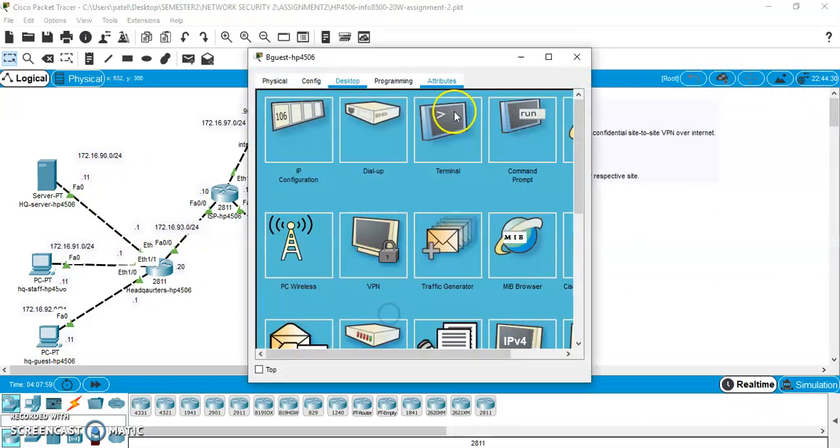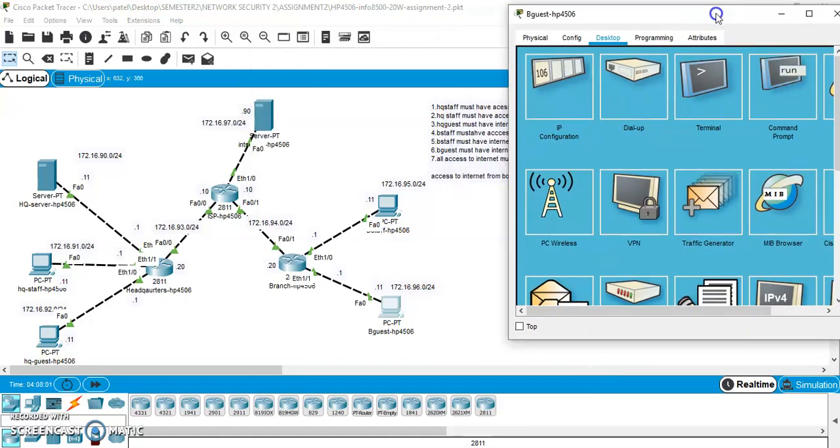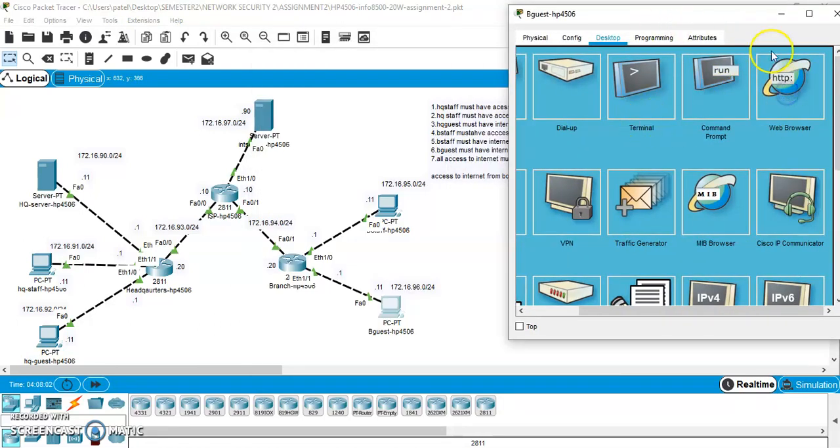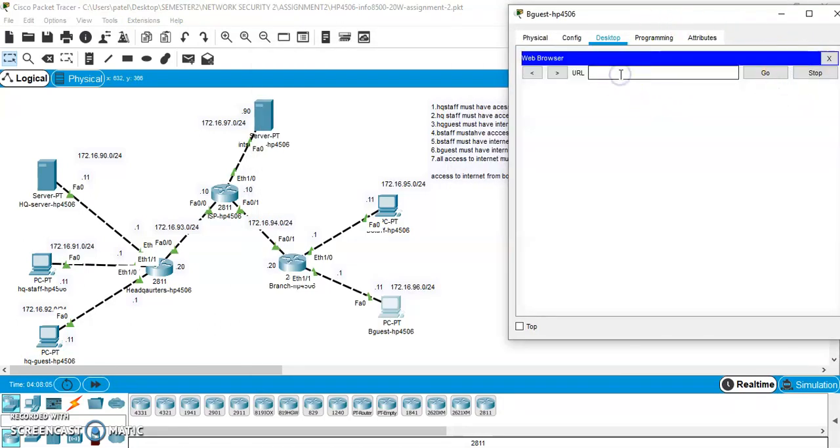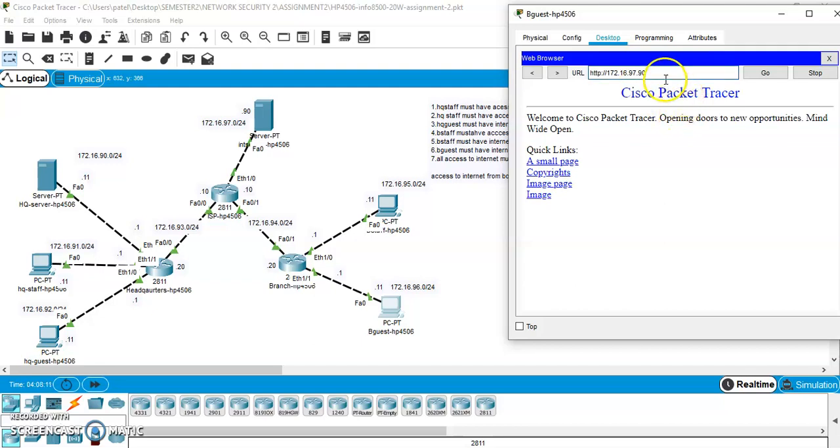Now from the guest side, we had a policy that it should be able to access the internet only. So we'll check whether I can access the internet. Yes, I can access the internet. Now we'll check whether I can access the server on the headquarters side or not.